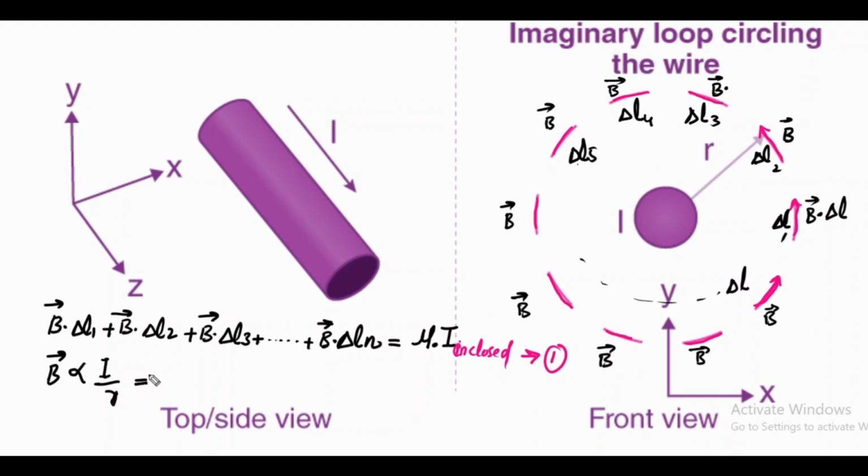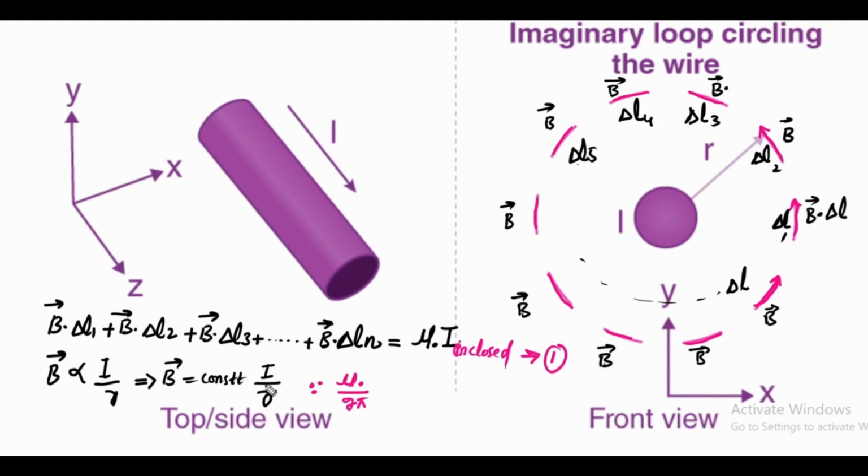And instead of this proportionality sign, we will put the equal sign and a constant, with I divided by the radius R. Instead of this constant, we will put mu naught by 2 pi.